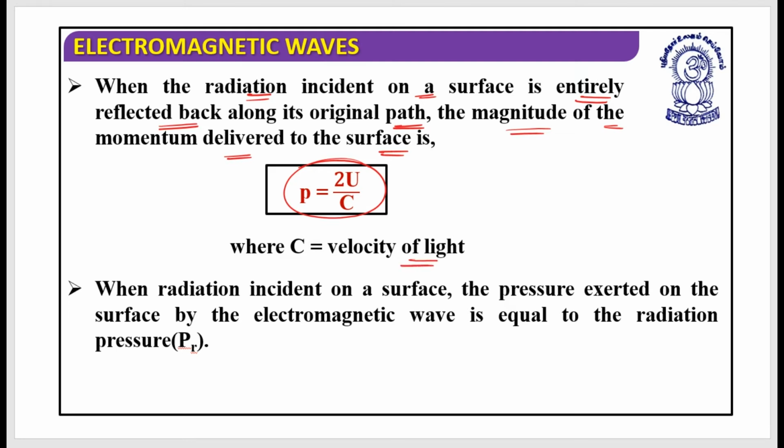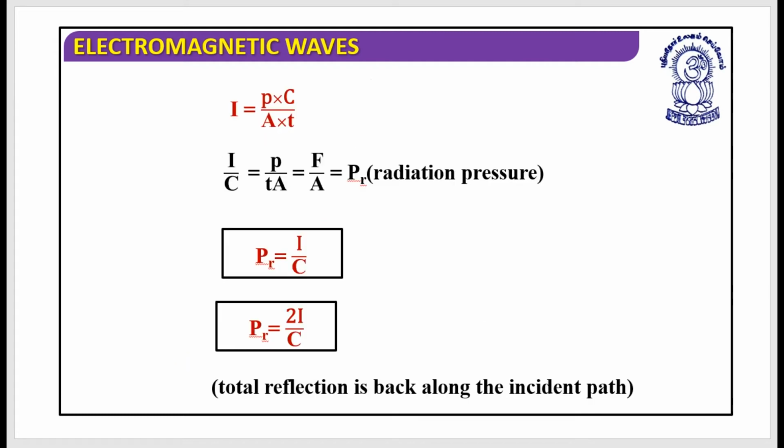In this case, the pressure exerted on the surface by the electromagnetic wave is the radiation pressure, which we call Pr. And the intensity I equals energy divided by area into time.